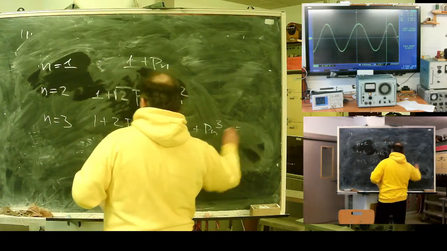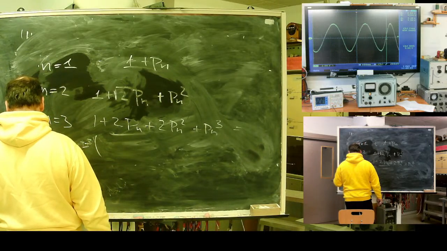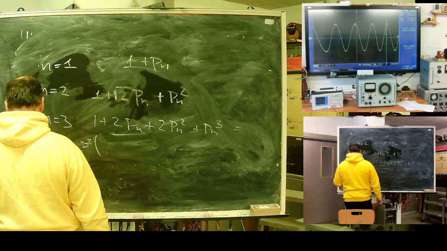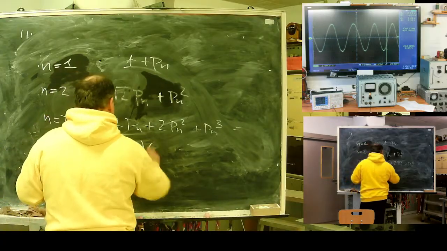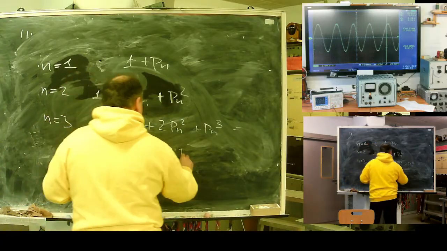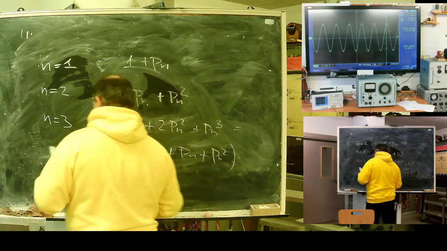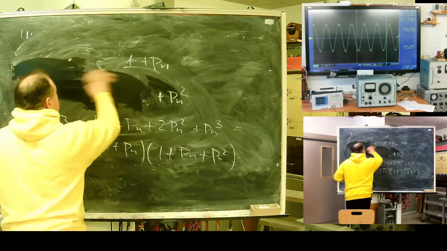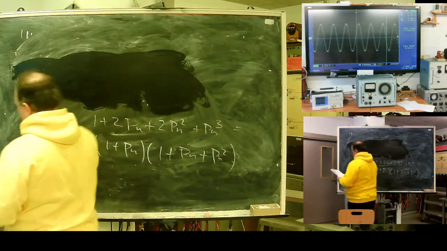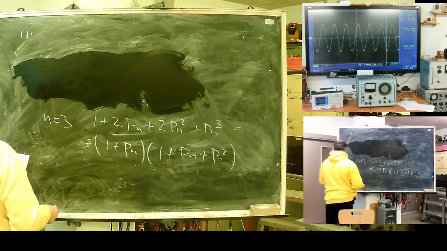This can be rewritten as 1 plus normed frequency, times 1 plus normed frequency plus normed frequency squared. And so on.